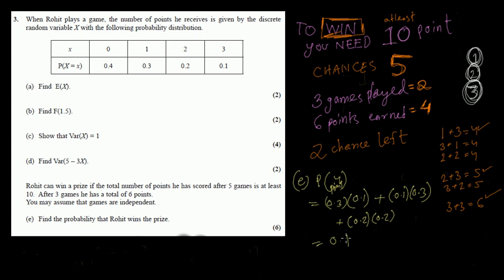So the probability of getting a total of 4 is 0.1. I'm writing addition here because you can either get this way 4, or you can get this way 4, or you can get this way 4.